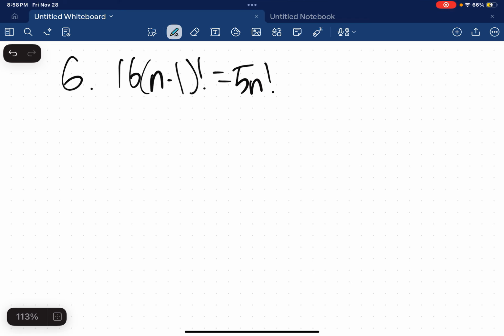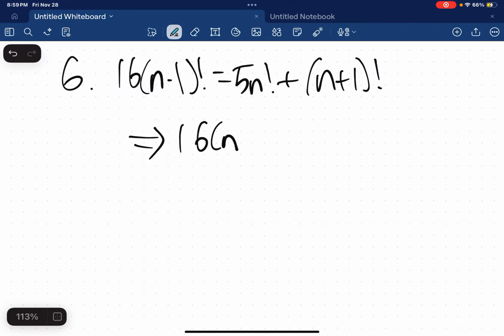Is that a plus sign? Yep. Plus (n plus 1) factorial. Okay. Let's see, how can I factor this out? Okay, I see how. We have a 16 (n minus 1) factorial on this side.